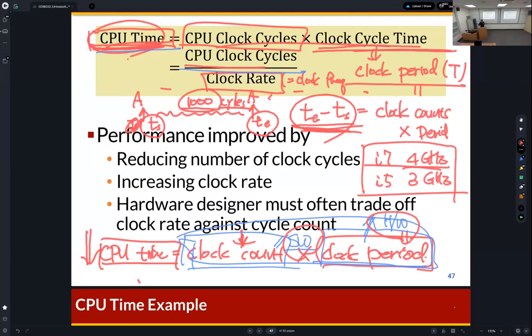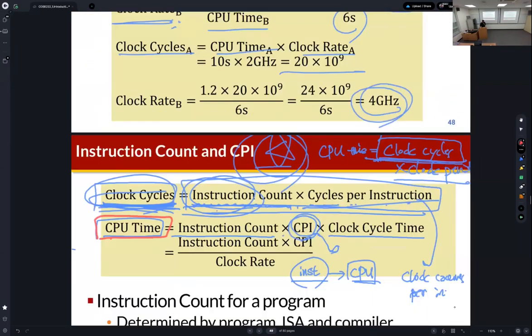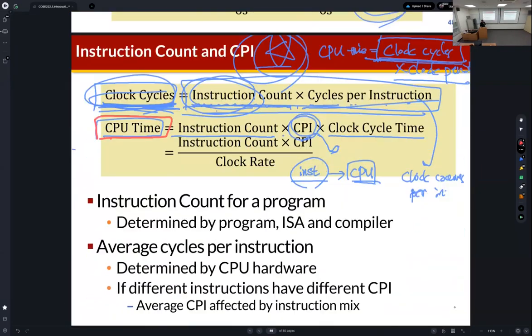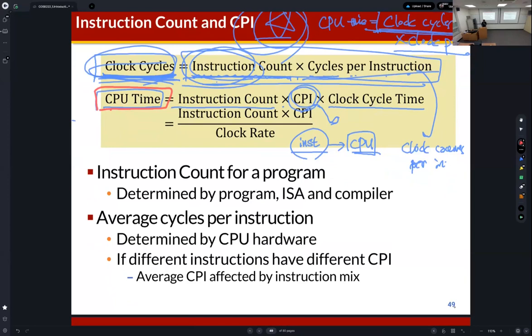The software part decides the clock count, and then the hardware part decides the clock period. We can rewrite the CPU time like this: instruction count IC multiplied by CPI multiplied by TC, the clock period.